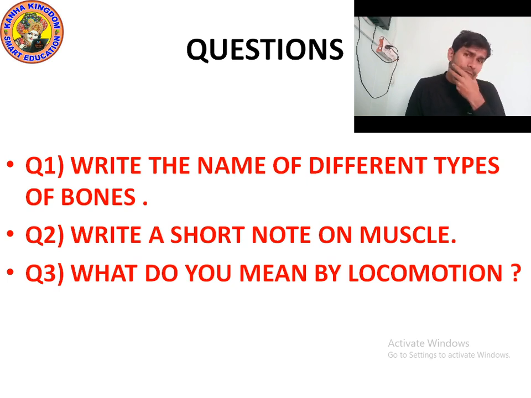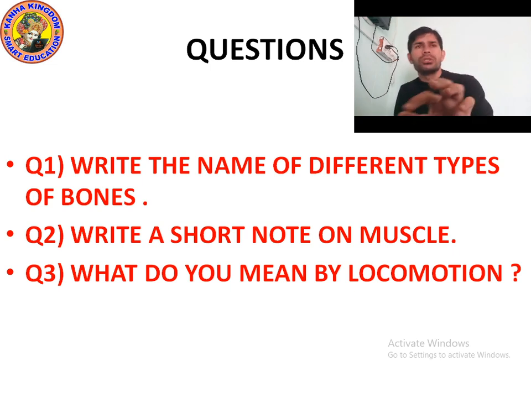Short bones: the wrist is an example. The bones found in the wrist and in the feet are short bones. If we talk about long bones, the humerus, ulna, femur, tibia and fibula are long bones. I hope you understood this question.